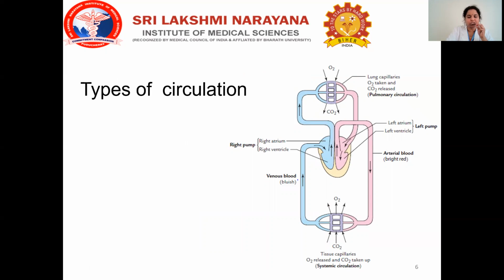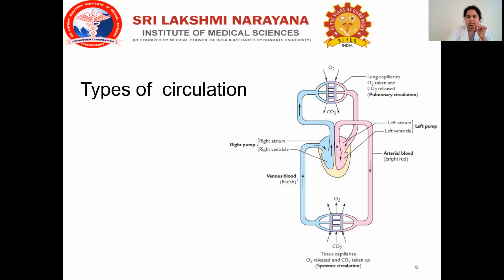Coming to circulation, the types of circulation present in the human. Blood entering the right atrium via the superior and inferior vena cava collects the deoxygenated blood and carries it to the right ventricle.